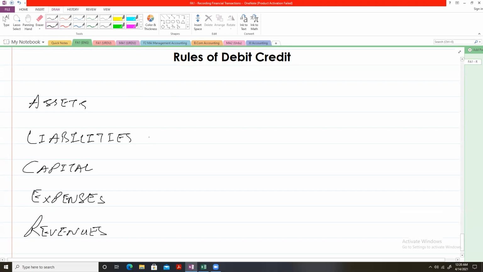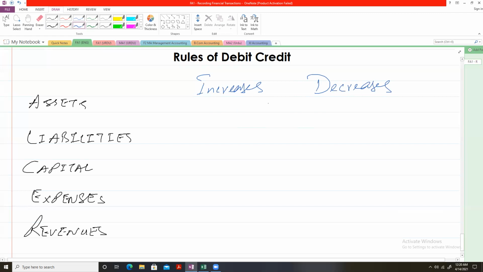So, rules of debit and credit. Whenever a transaction takes place, these five: assets, liabilities, capital, expenses, and revenues either increase or decrease, or any one of them, or maybe more than one of these five categories, there is a change.